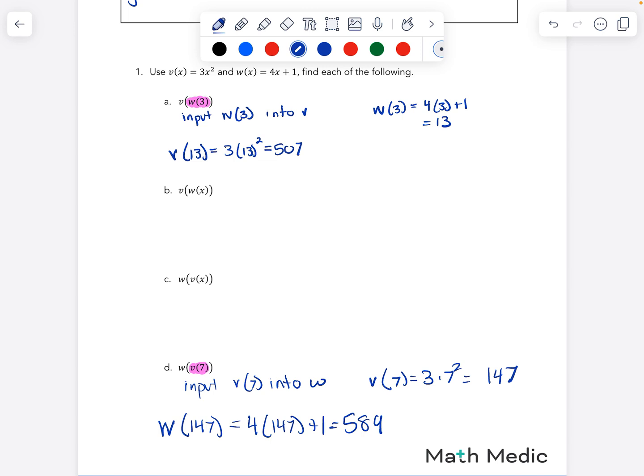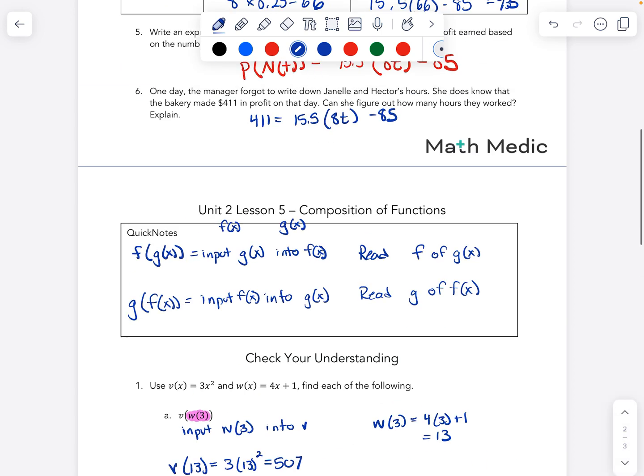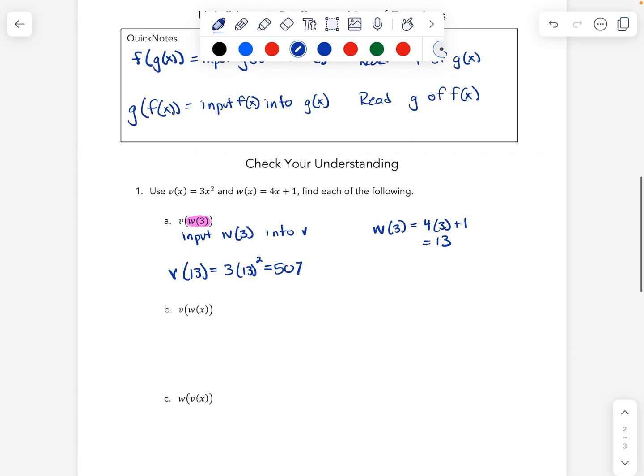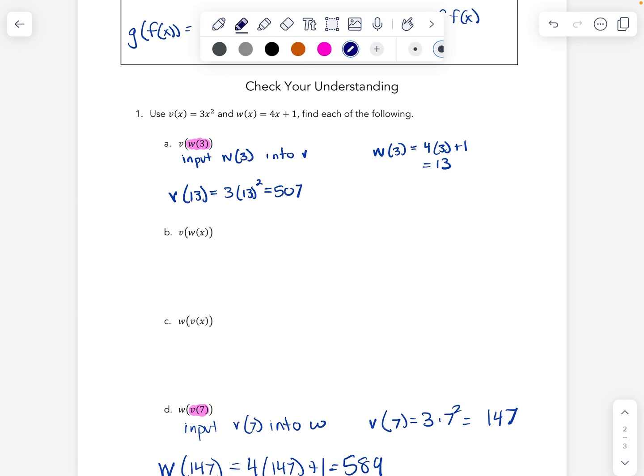Now, it gets a little trickier when we are inputting an equation in there. So up here, let's see, where do we have room to write this? Maybe I'm going to put a little box right here. So let's say f of x equals 2x. Do you agree if I said f of 3, I'd say 2 times 3 is 6.